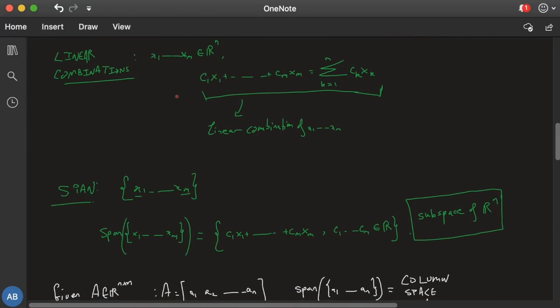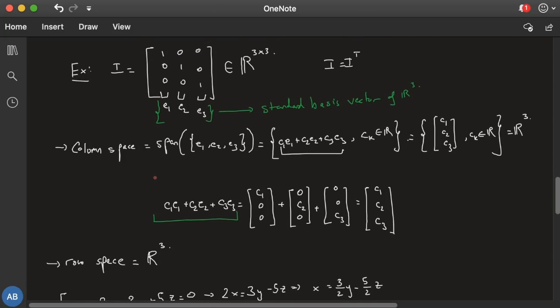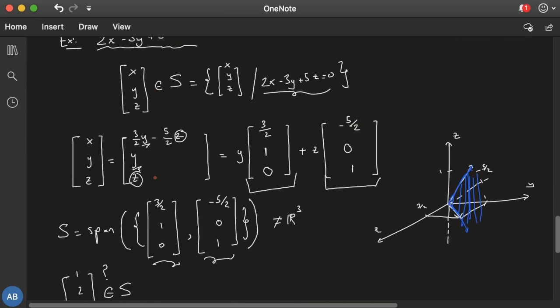And also we introduced topics such as linear combination and the span of a bunch of vectors. And it turns out that given a matrix A, we denote the span of its column vectors as the column space of A. Likewise, the span of the row vectors of that matrix is called the row space of A. Now, it turns out that sometimes the column space of a certain matrix could cover all Rn and sometimes not, right?